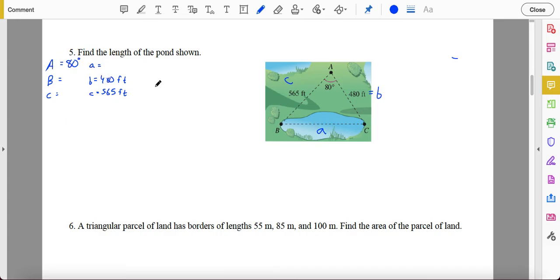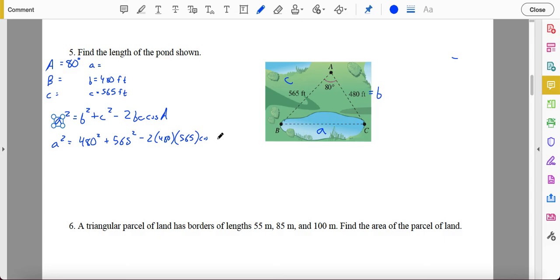We're going to be done when we solve for side A. A squared equals b squared plus c squared minus 2bc cosine A. So a squared, our unknown, equals 480 squared plus 565 squared minus 2 times 480 times 565 times the cosine of 80 degrees.